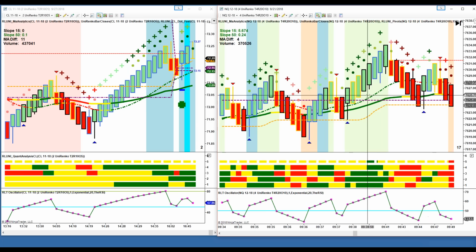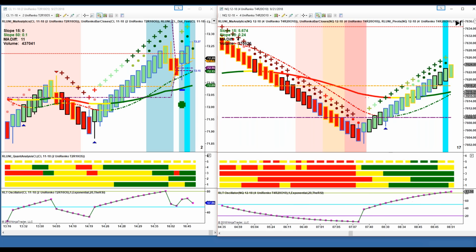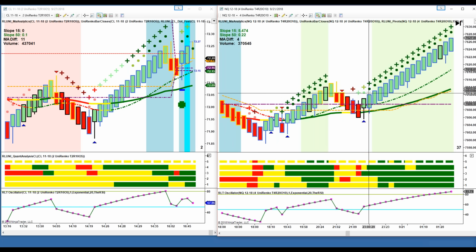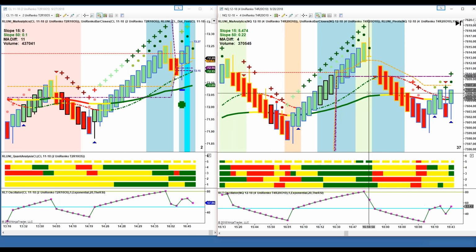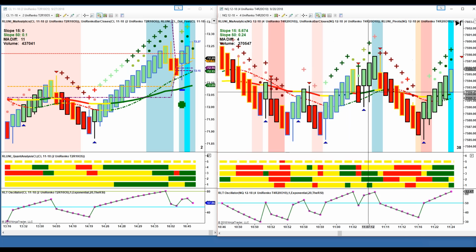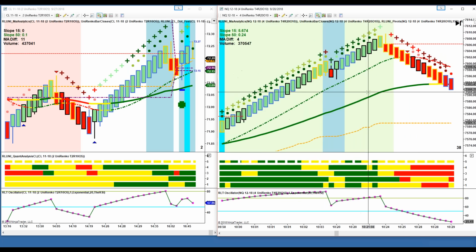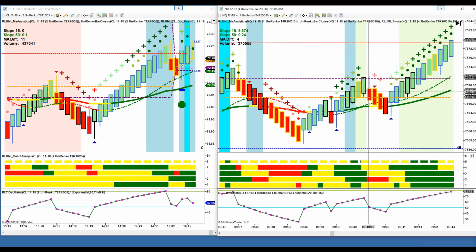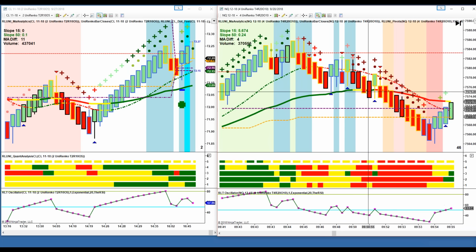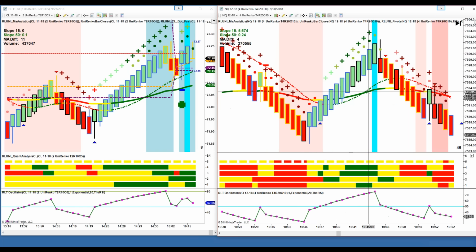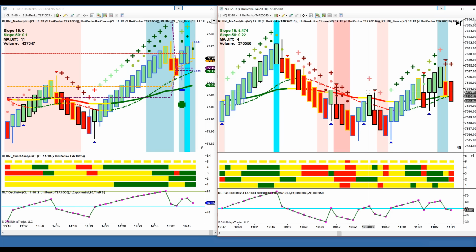Now, the Russell was pretty bouncy today. And let me give you another example. And then I'm not going to answer questions, but there's just a couple of other things on the chart I want to show you. I'll show you a trade a lot of people in the room talked about that I didn't get.